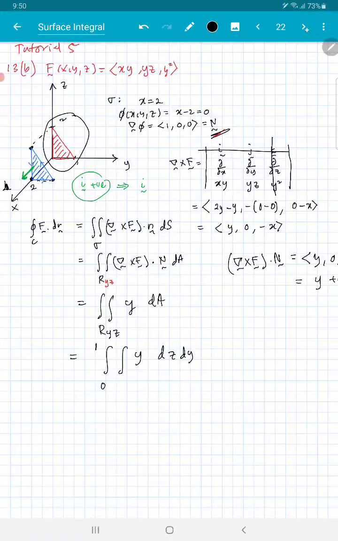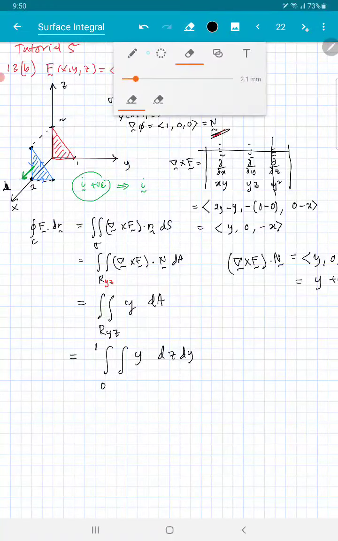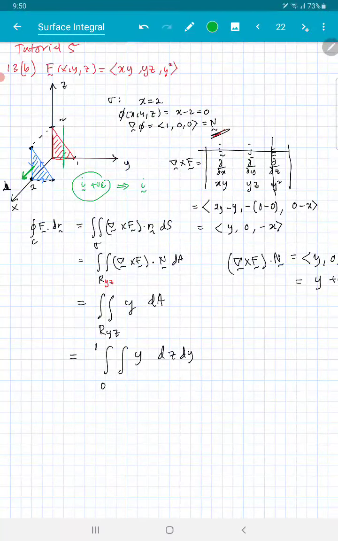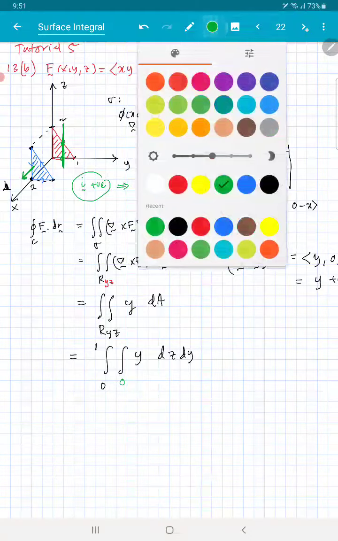And then to get the limits for z, you just draw a straight line parallel to the z-axis across your region. Okay, so the upper limit for z would be the diagonal red line there. And the lower limit for z would be the y-axis. So the lower limit for z is 0. Now you have to come up with the equation of the straight line. This is your straight line.